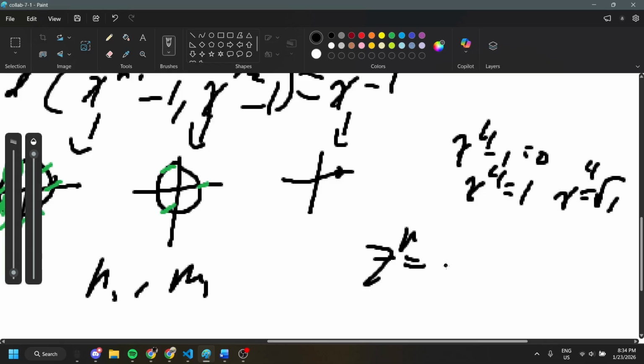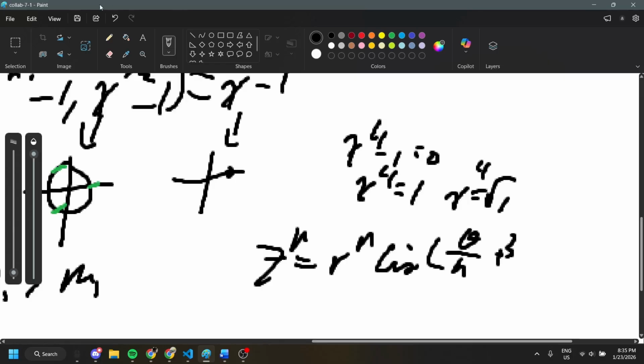And then, so anyways, this is equal to r to the n cis of theta over n plus 2k pi over n.